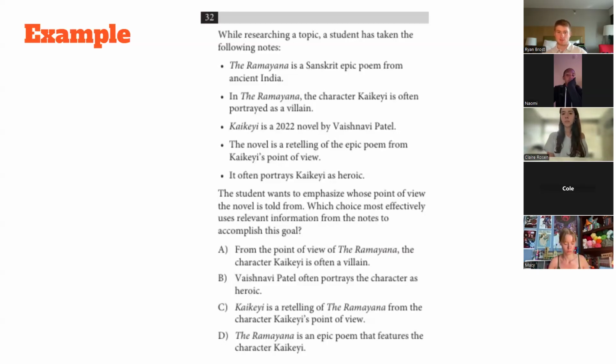That's the one that probably summarizes it the best. So Kaikeyi here is written by this author, and it's retelling this story from her point of view. All of these don't really accomplish what the question is asking us to do. So the most important thing here is understanding what they want you to do with this information, because all of this stuff was said in there. It's just what do they want us to do here?